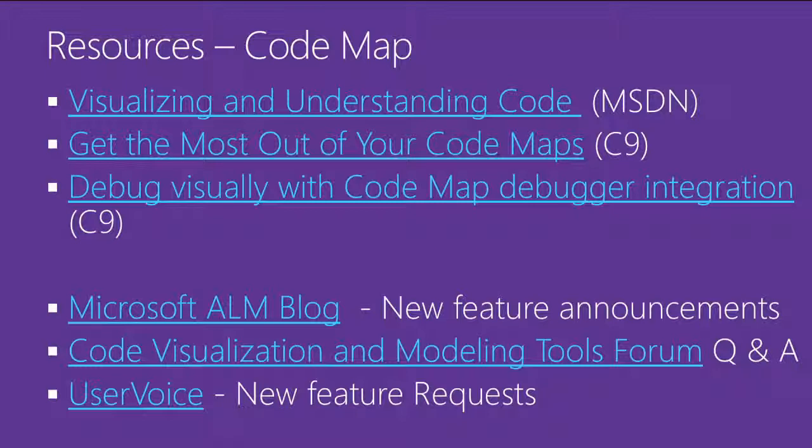And then the last three links are where you can give your feedback also. Now, in the Microsoft ALM blog, we announce all the new features. Since we are doing this continuous delivery, we have Visual Studio updates going every quarter. Every new feature that gets added to CodeMap, we put up a blog post, so if you watch this, you'll be able to get all our new announcements.